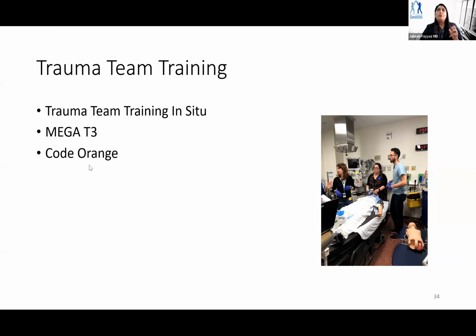For example, why we started that: a school bus got set on fire, or some accident happened, and suddenly we got 12 kids at the same time, and we were not ready. So the trauma leadership requested that we develop something like Code Orange so that we, as a department and as a hospital, are more ready to manage and be prepared for such cases.